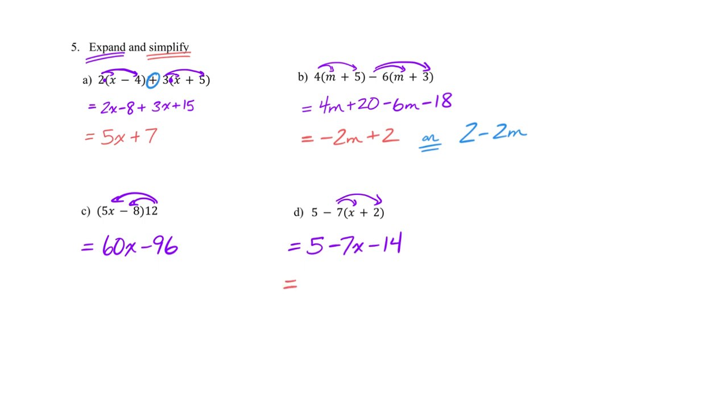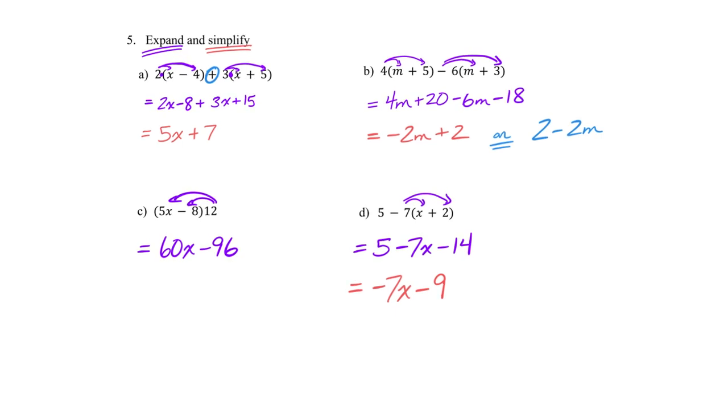I don't have any like terms with the x's, but when I calculate 5 minus 14, I'm going to be down 9. And there we go. Notice negative 7x minus 9, even if I rearrange those, I'm still going to have a negative 9 minus 7. I'm not able to write it with fewer operations, so there is no more simplified form than the red. Okay, there's us expanding and simplifying.